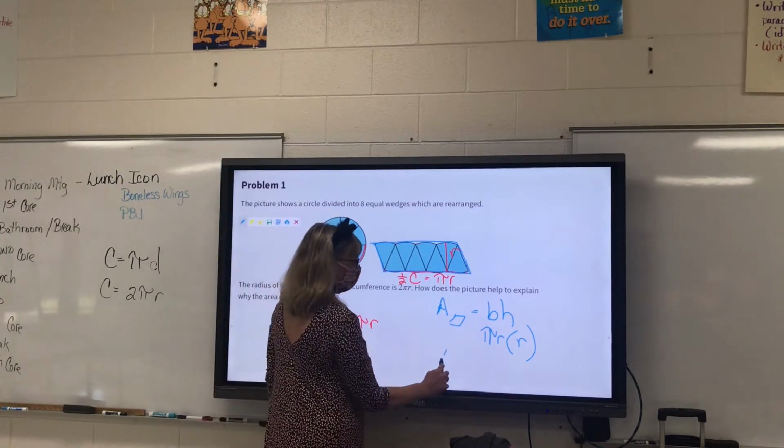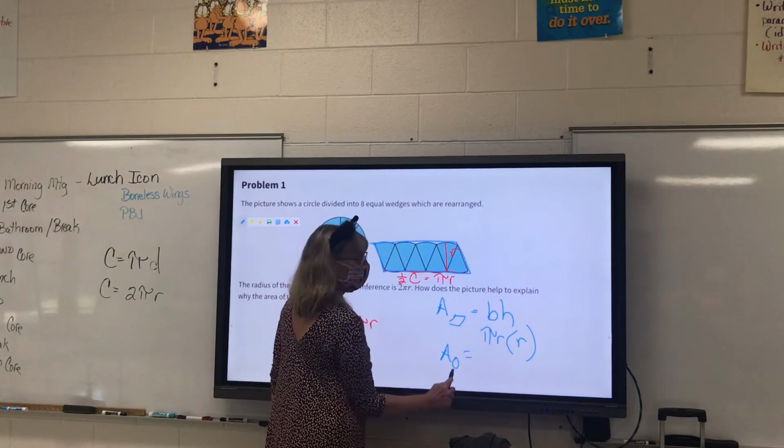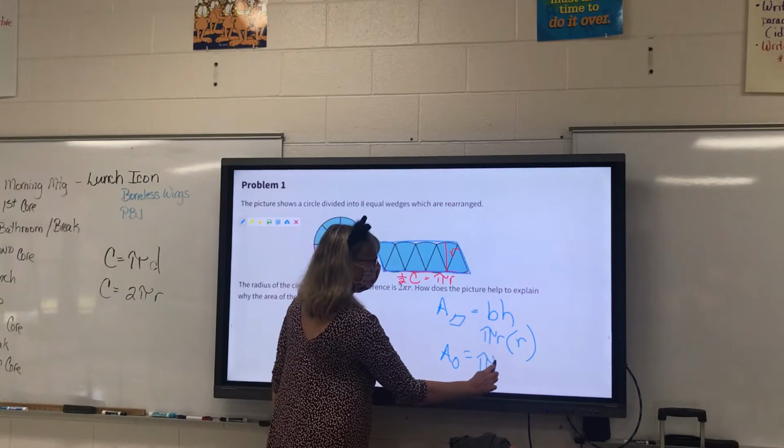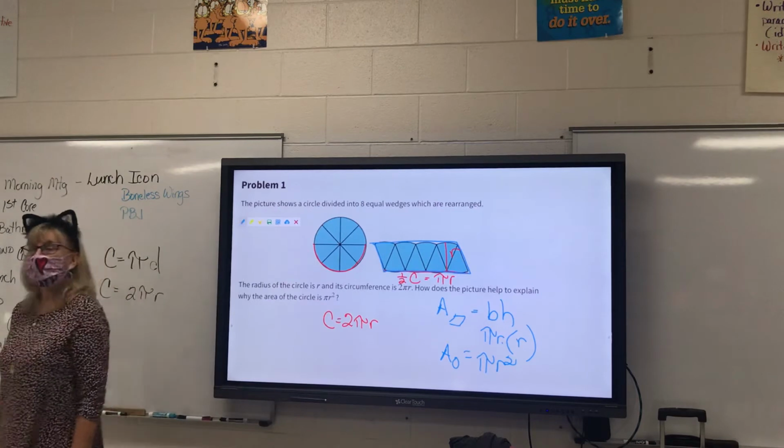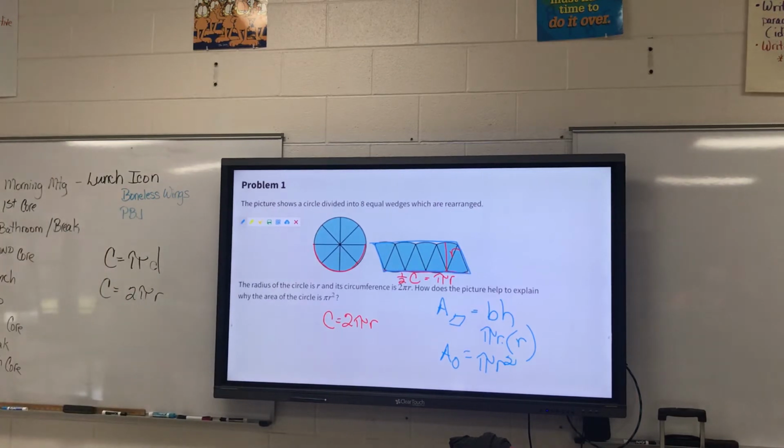So, what is the formula for area of a circle? Pi r times r is pi r squared. Okay, if you want to screenshot that, you can. If you want to write it down, you can. That proves the formula for area of a circle.